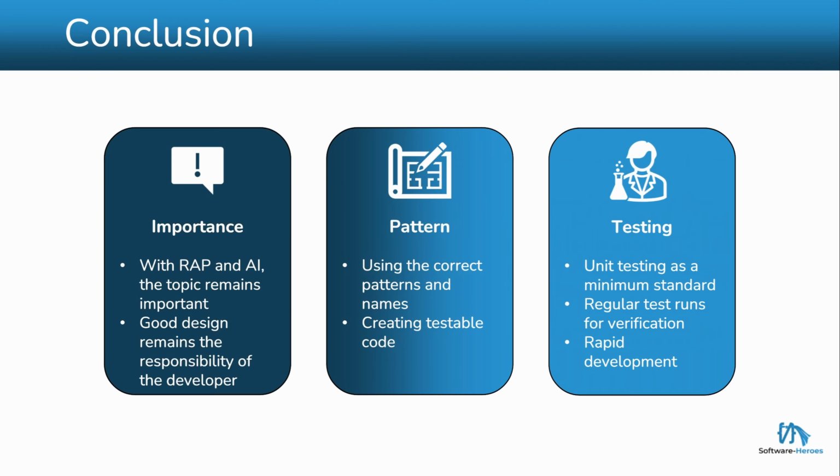Correct application and usage help you improve testability and achieve it without significant system modifications. We have shown the standard pattern that can be used in everyday practice to decouple code and package it into clean objects. The third point is testing. Unit tests should be the minimum standard for clean development. These help you to make later adjustments more quickly and have regular validations that help you extend code quickly.